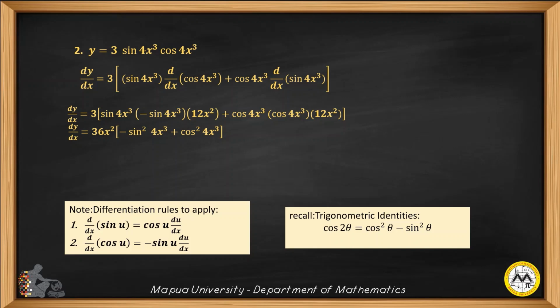Using this identity, the sum cosine squared of 4x cubed minus sine squared of 4x cubed is now replaced with cosine of 2 times 4x cubed. Hence, y prime or dy/dx is now equal to 36x squared times cosine of 2 times 4x cubed, or that will give us 36x squared times cosine of 8x cubed.